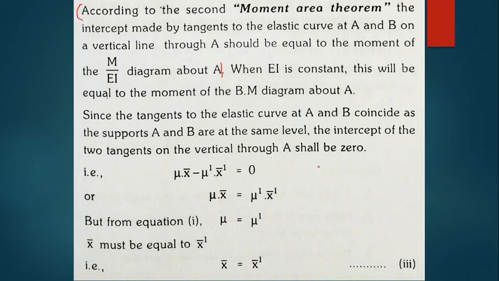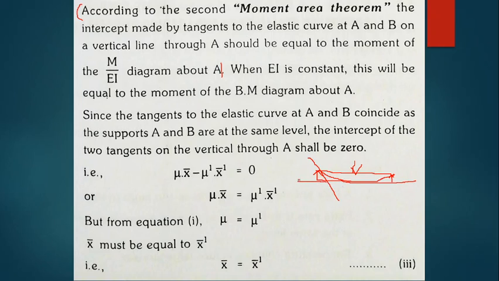Let us say this is a simply supported beam. This is one support and this is another one. With some kind of loading, if you apply load, let us say this is the deflected profile or elastic curve. Then we are considering two tangents. Let us say this is one tangent to the elastic curve and this is another tangent to the elastic curve.